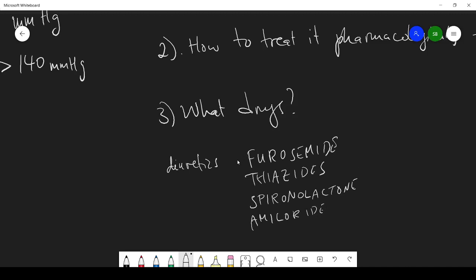So it's well worth remembering these. Those are the diuretics.